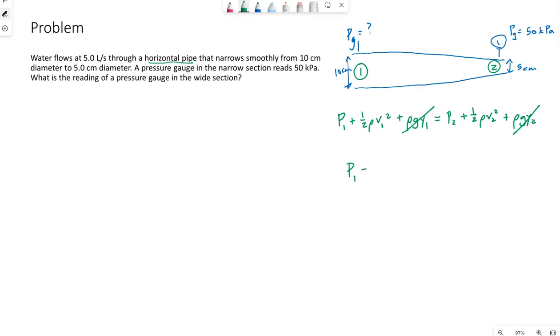We have P1 is going to equal P2 plus 1/2 rho V2 squared minus, bringing the other kinetic energy term over. If we want, we can totally factor out the 1/2 and the rho because those are the same. And then we'll have the quantity of V2 squared minus V1 squared.